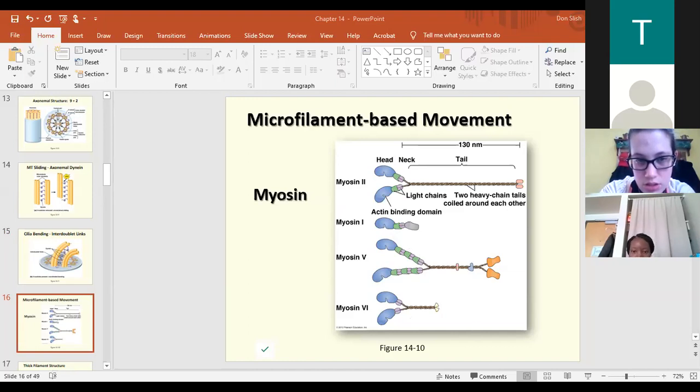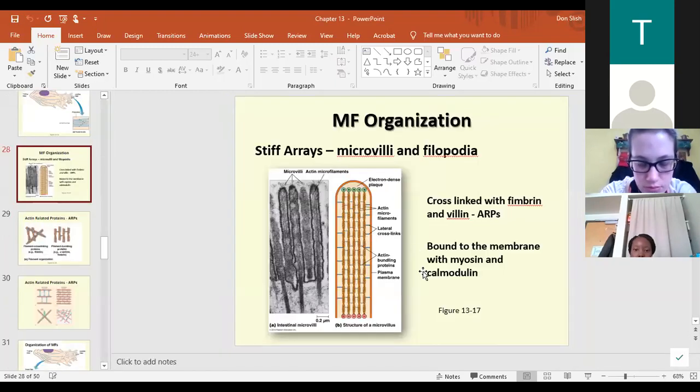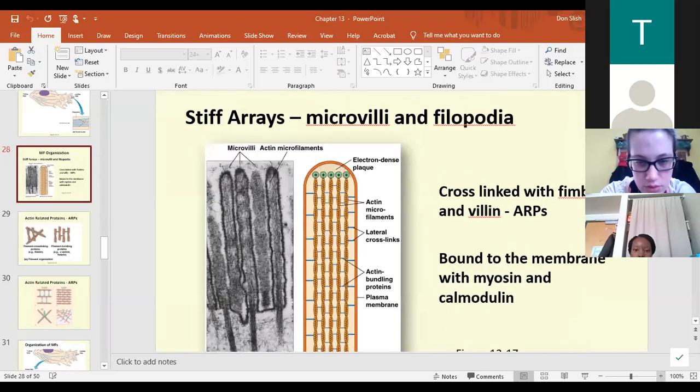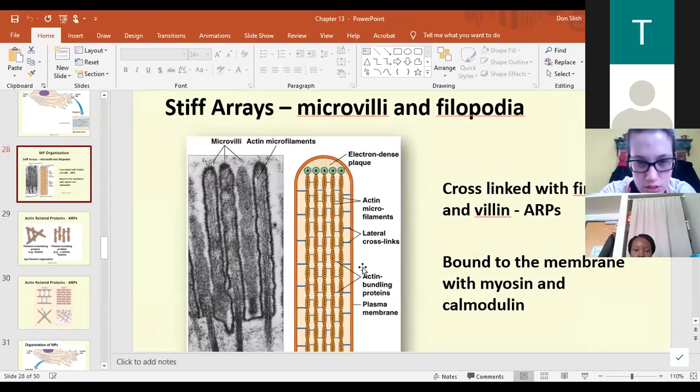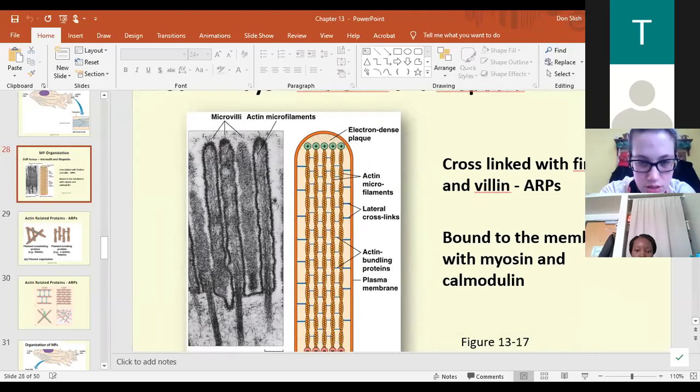Again, let's go back to chapter 13. There it is. Okay, do you remember this? Let's zoom in here. Myosin, I guess it's not in the figure.